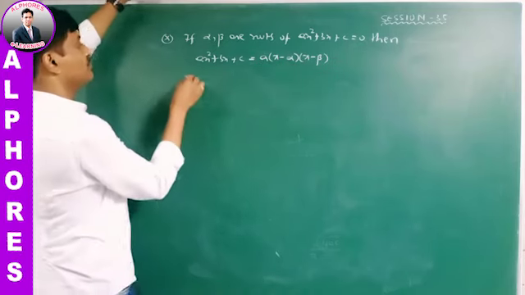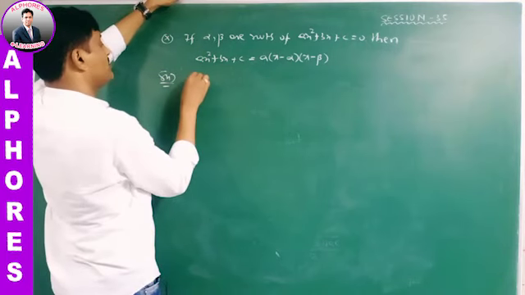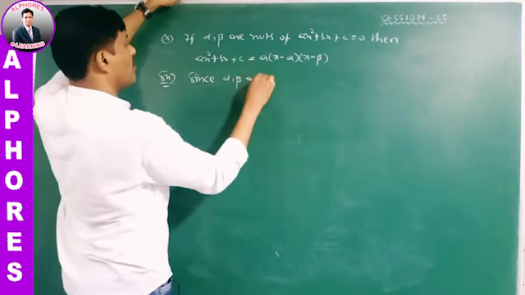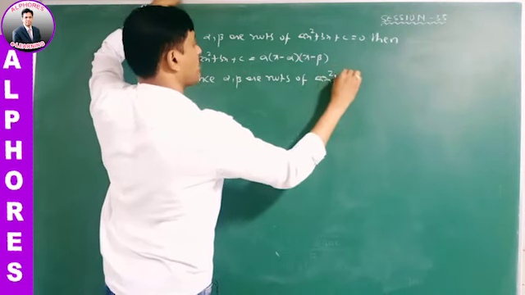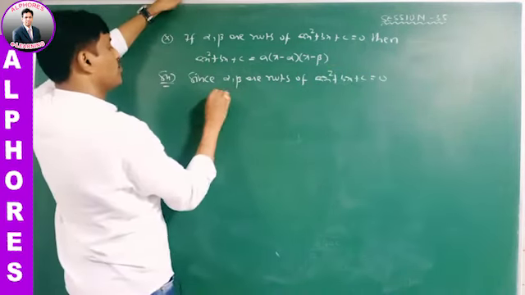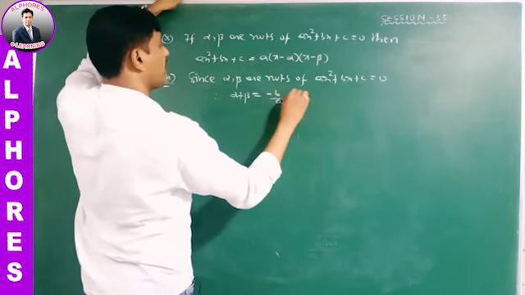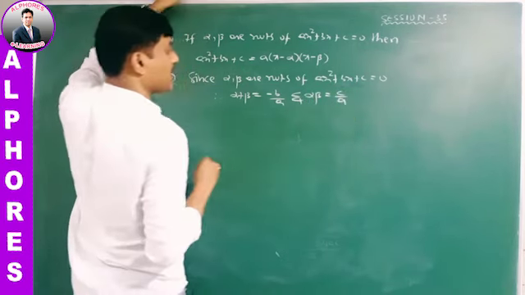How? Since alpha beta are roots of a x square plus bx plus c is equal to 0, the sum of the roots is minus b upon a, and the product of the roots is c upon a.